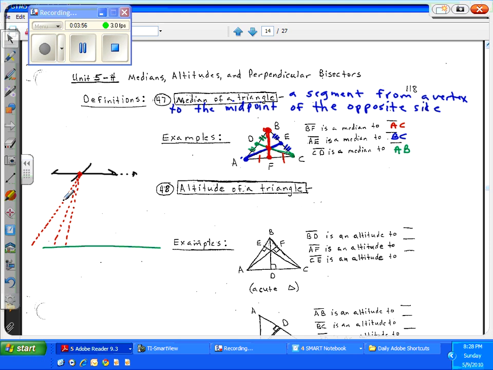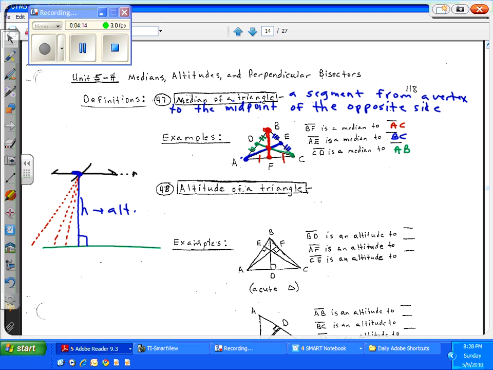Well, none of those. If you wanted to know how high that airplane is off the ground, you would measure straight down so that it's 90 degrees, and that's the height or the altitude. The height of the airplane or the altitude of the airplane.